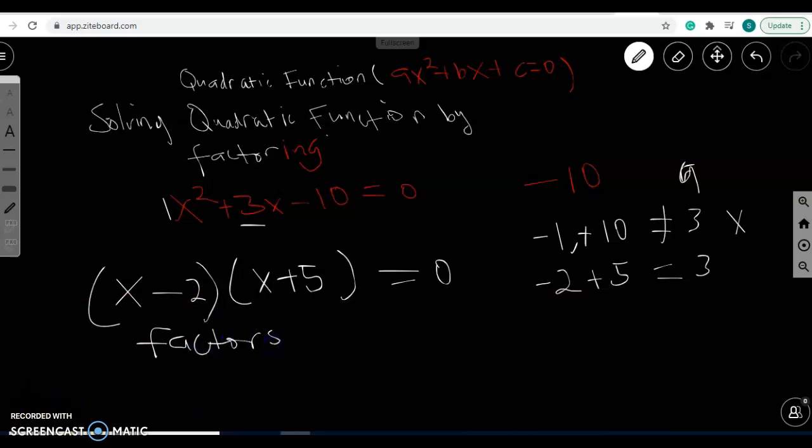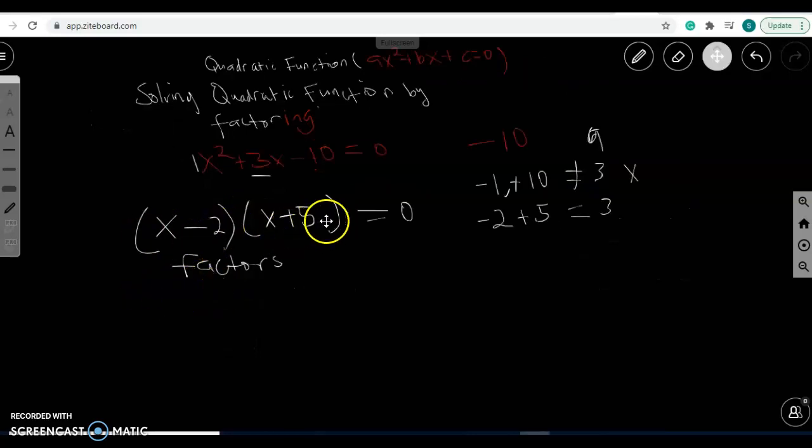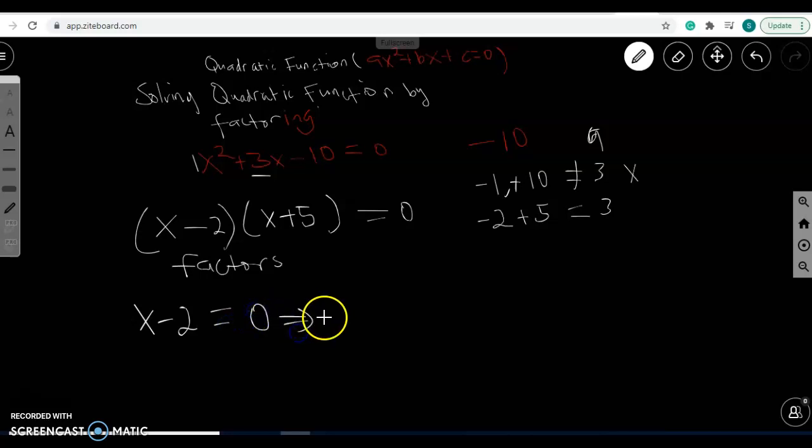So these are what we call the factors. When we set it equal to 0, we take the flip of it. So x minus 2 equals 0 implies that x is equal to the opposite of this number, which is 2, or x plus 5 equals 0.